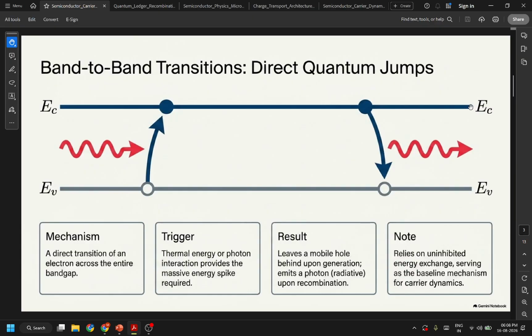This leaves a mobile hole behind upon generation and emits a photon upon recombination. It relies on uninhibited energy exchange, serving as the baseline mechanism for carrier dynamics.